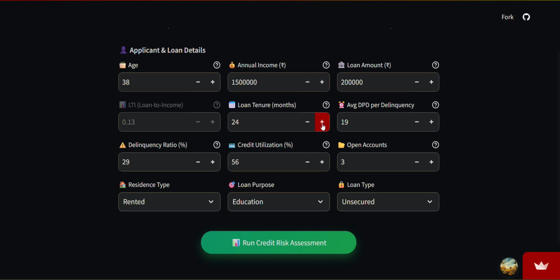Let's say the tenure is more spread out, and the average DPD per delinquency is just 6 days, and the delinquency ratio is also much lower than 10%, and the credit utilization ratio is also under 30%, which is what is recommended to ensure that our CIBIL scores are not at risk of dropping. So let's say that this person's credit utilization is 20% and he has two open accounts.